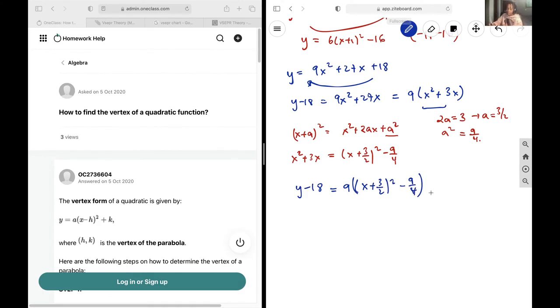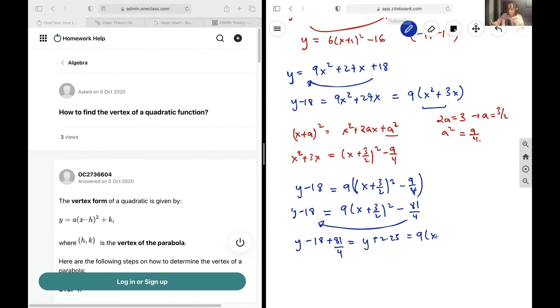And then you want to take out this factor so that it can be on its own. So we get 9 into x plus 3 over 2 squared minus 81 over 4 is equal to y minus 18. Next up, just bring that over, and you get y minus 18 plus 81 over 4, and that can also be expressed as y plus 2.25 is equal to 9 into x plus 3 over 2 squared.